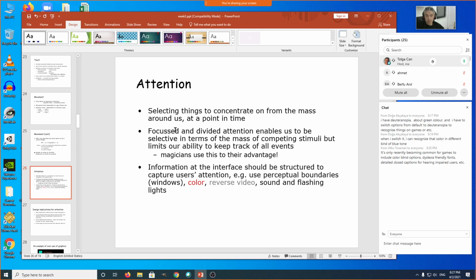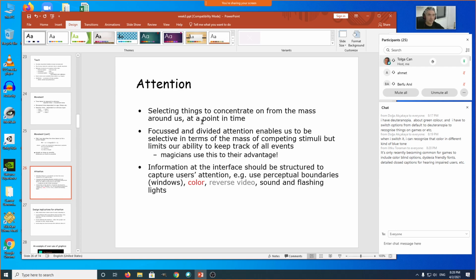And also, getting users' attention in user interfaces is another human factor. Selecting things to concentrate on from the mass around us. We have lots of visual and auditory signals coming all the time, and we actually filter them.